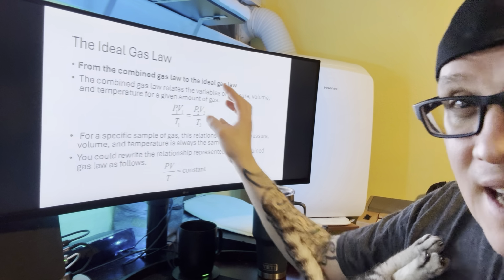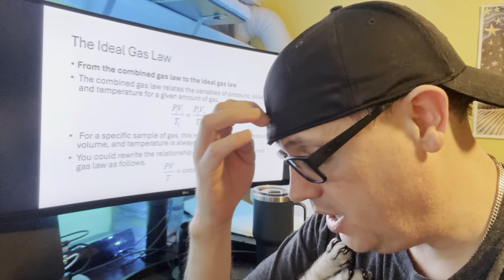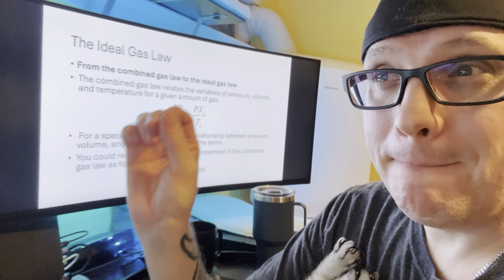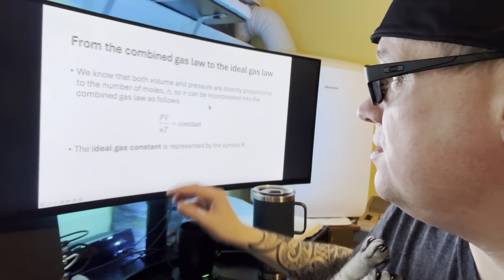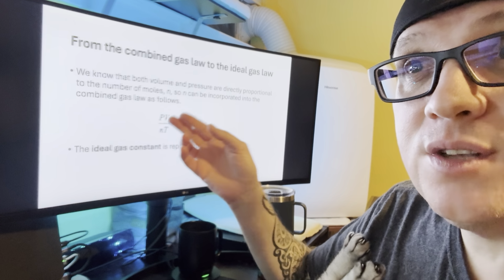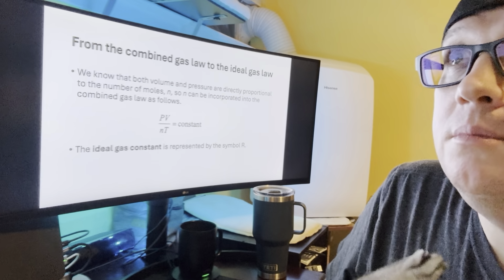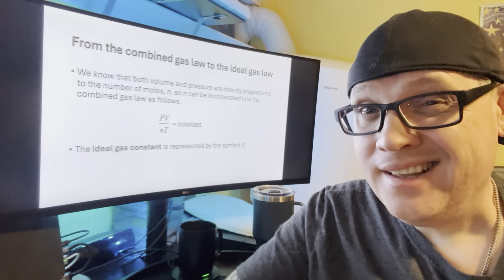If I take one side and make it a constant, a thing that doesn't change, so everything equals this one primary equality, then that constant can give me a relationship where I can add the number of moles. So n becomes a new variable that you're going to solve for.